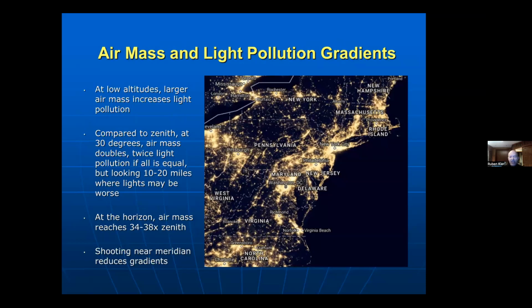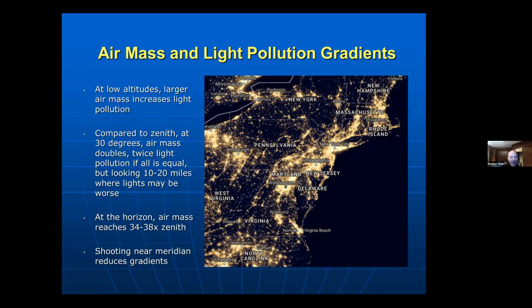The other thing that happens as you get lower is you start to look into your neighboring town's light pollution. Light pollution gets worse near the horizon because you're going through more air mass. So even if the light pollution is uniform throughout your whole area, at 30 degrees your air mass doubles, so your light pollution is going to be double, even if you're not getting into a worse area.